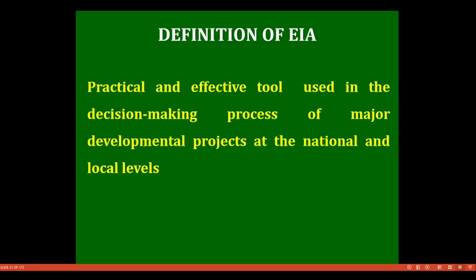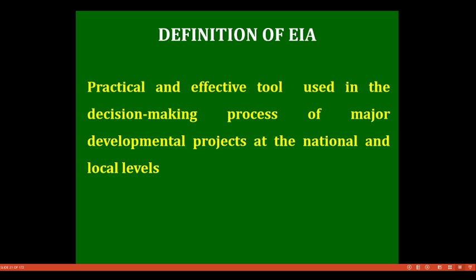It's a tool. First of all, it's a tool used in the decision-making process of developmental projects. These projects can be small-scale projects, maybe, as I mentioned earlier, a construction of a check dam in a river, or it can be a big project of national importance, like the construction of a nuclear power plant.